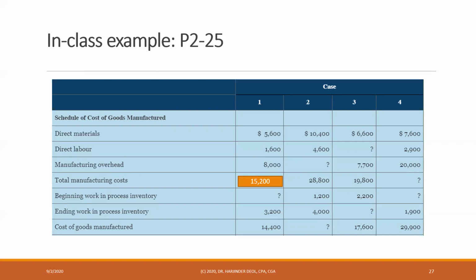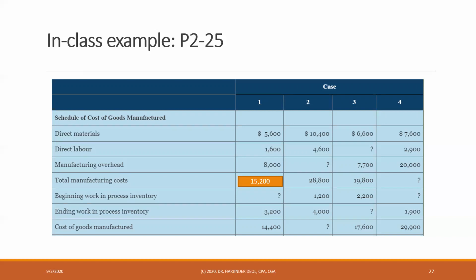So a way to think about it is whatever was the beginning work in process inventory, that number added to the total manufacturing costs minus $3,200 of ending work in process inventory equaled $14,400 of cost of goods manufactured. We're kind of looking at working backwards here. What if we did work backwards?